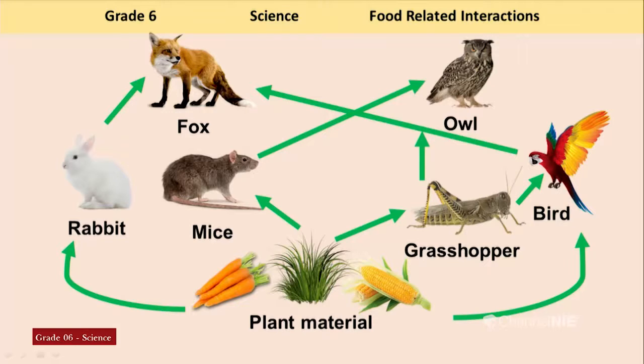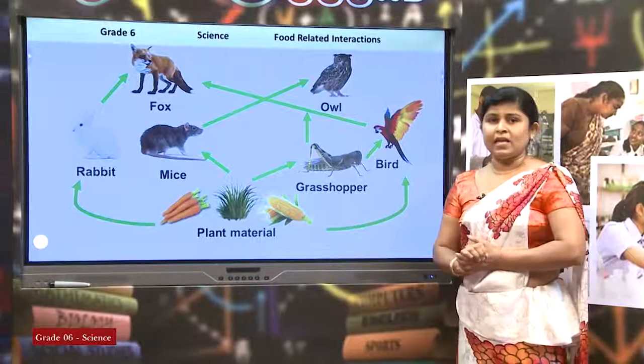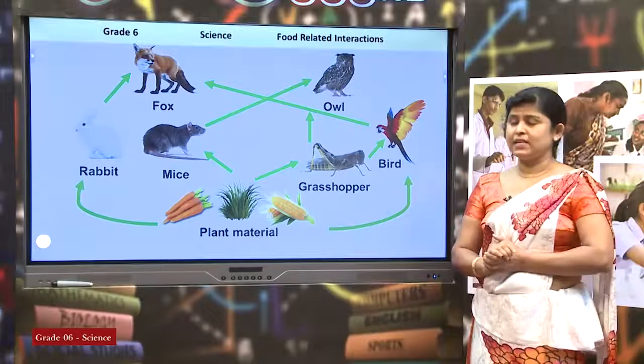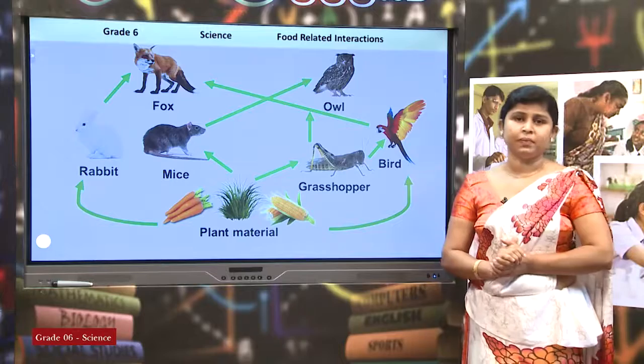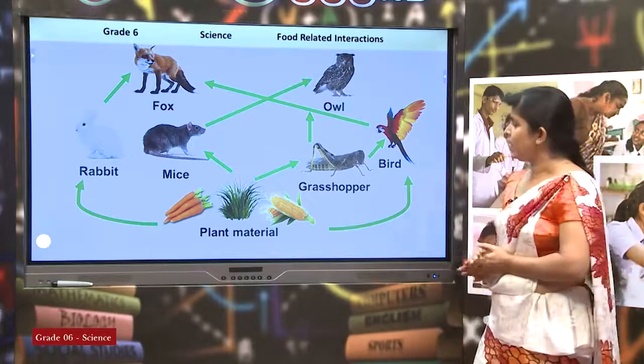Now we have already discussed the food chains. Here is a food web, because we can see a number of food chains here. The food chains are interconnected with each other through the common links. So you can understand that this is a web. Why do we say this is a web? The reason is one animal can depend on different types of food. We will see.